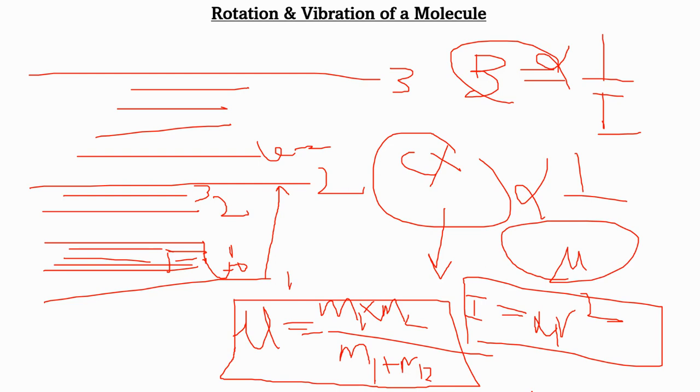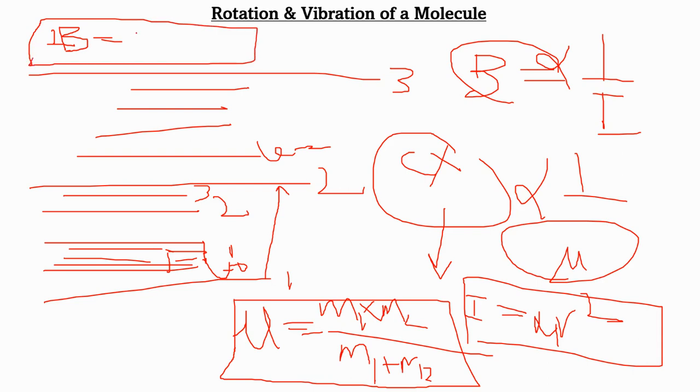The energy levels are not equally spaced, but the spectral lines are equally spaced, and the gap between them is 2b. So if in a question it is given that the spectral lines are separated by a distance of something, then you can say the 2b value is given.